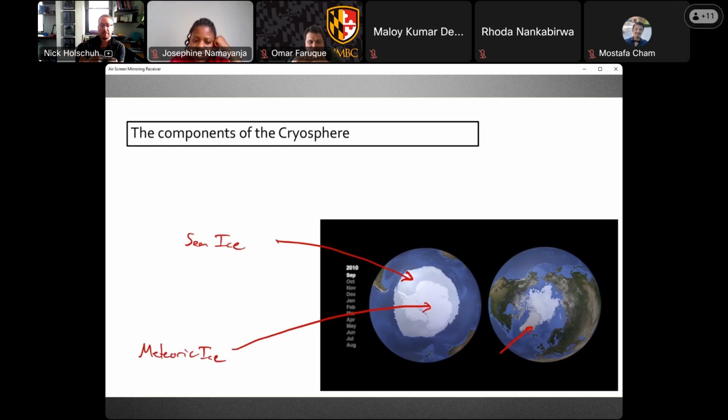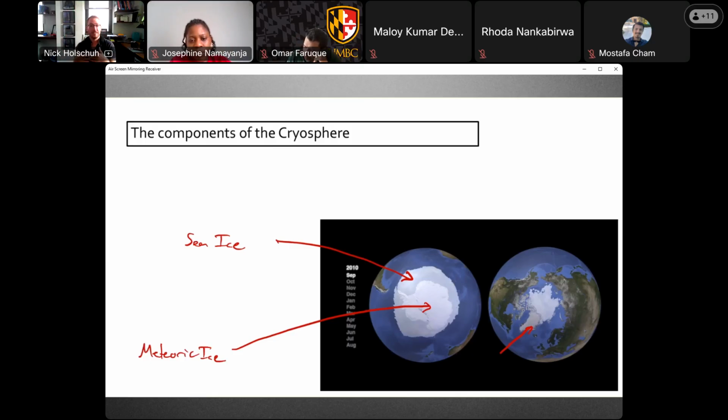So sea ice and land ice, or glacier ice, or ice sheets, actually originate from very different processes. Sea ice is the product of atmospheric controlled cooling of sea surface temperature. Land ice and glacier ice is the product of snowfall. So water that evaporates is transported in the atmosphere and is deposited as snow.